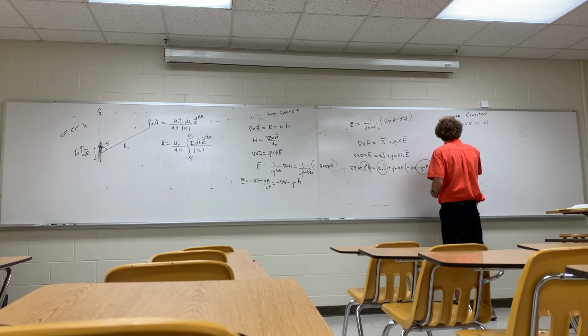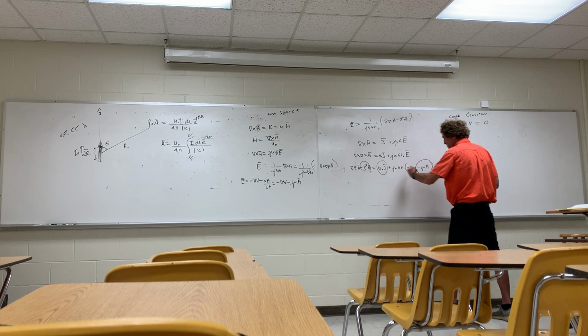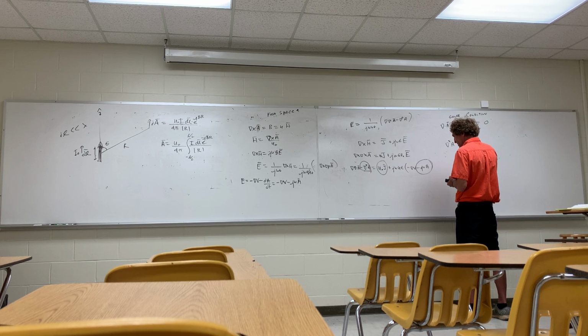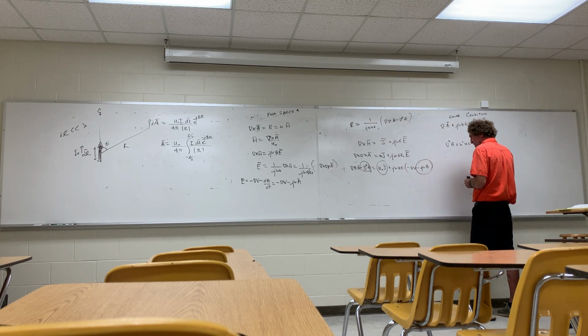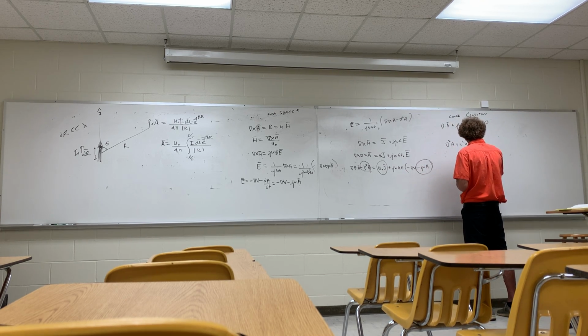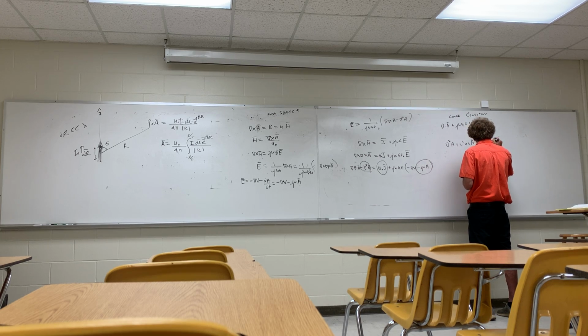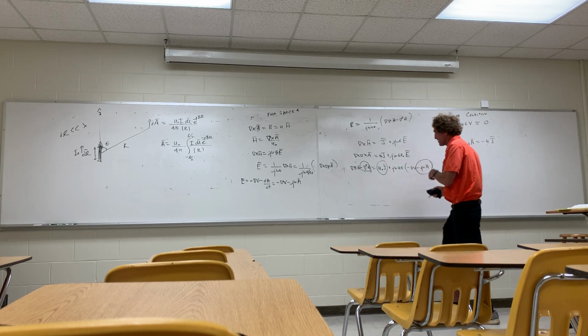I get del squared of A, when this comes to this side, plus omega squared mu epsilon times A equals minus mu J.